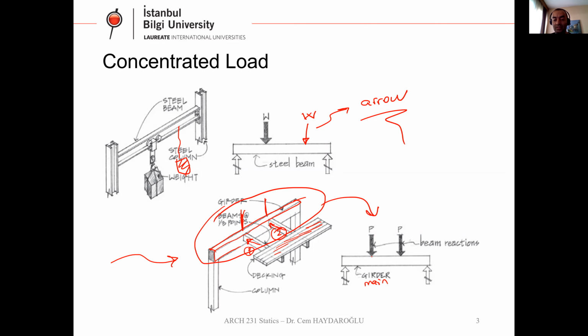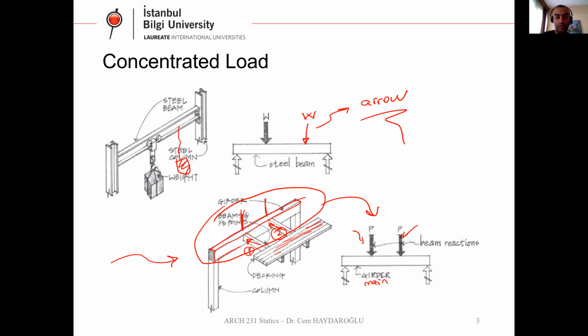So these floor beams give a concentrated load, a point load, to this main girder. We show these forces with arrows. The first arrow is this one, the second one is this. So if we have a point load on a structural system and we can show it with an arrow, this is a concentrated load.